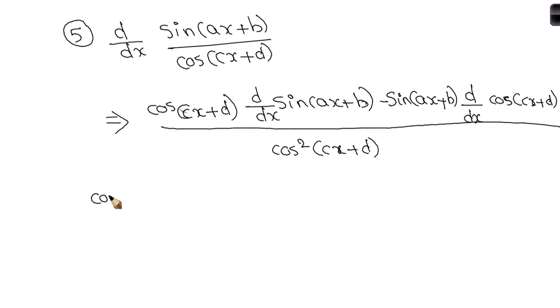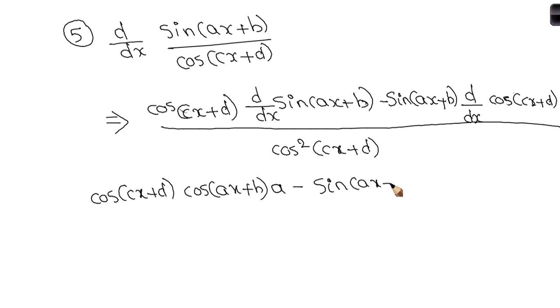So this becomes cos of cx plus d into, what is the derivative of sin? Cos of ax plus b into derivative of ax plus b. That would be a. Minus sin of ax plus b into, what would be the derivative of cos? That would be minus sin of cx plus d into derivative of cx plus d. What would be the derivative of cx plus d?